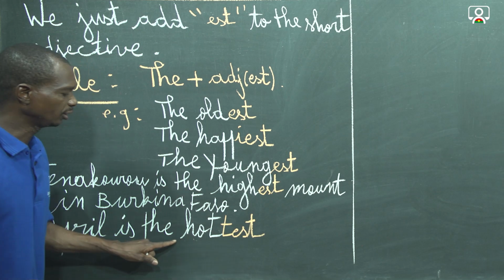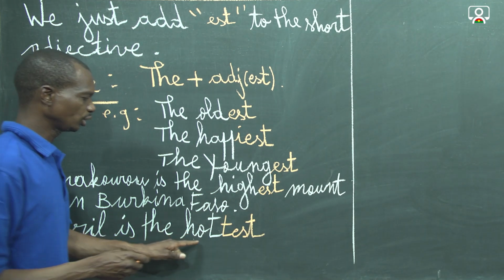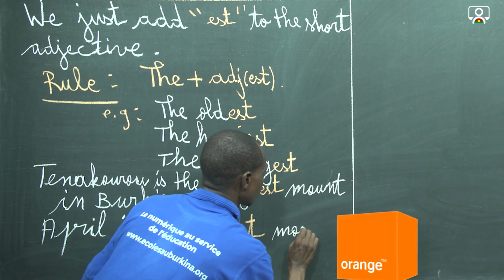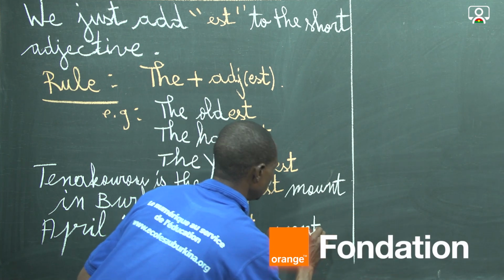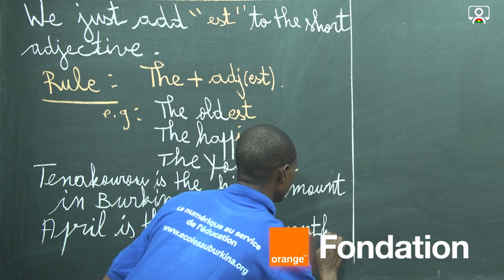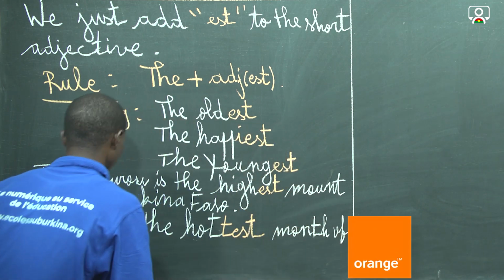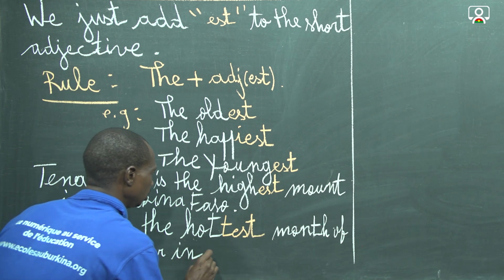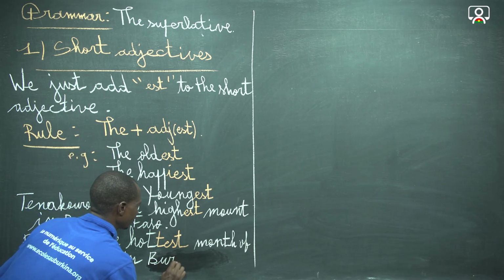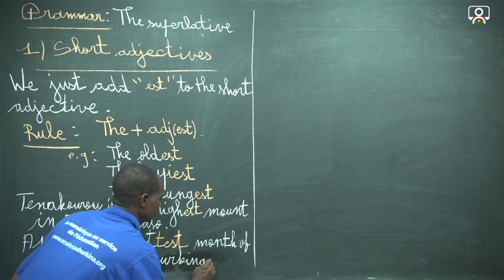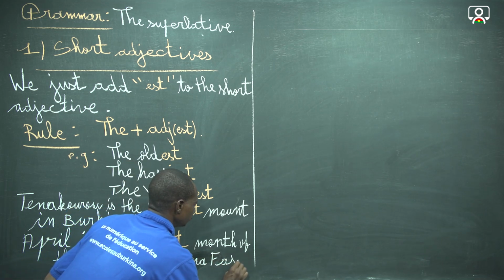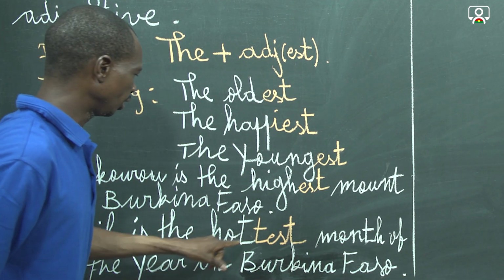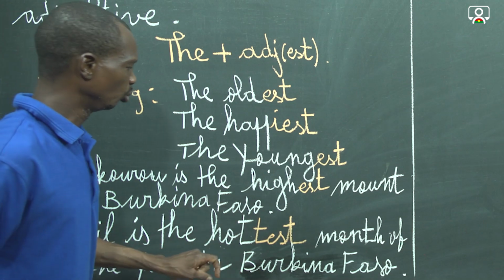So we have the superlative: April is the hottest month of the year in Burkina Faso, which means avril est le mois le plus chaud de l'année au Burkina Faso.